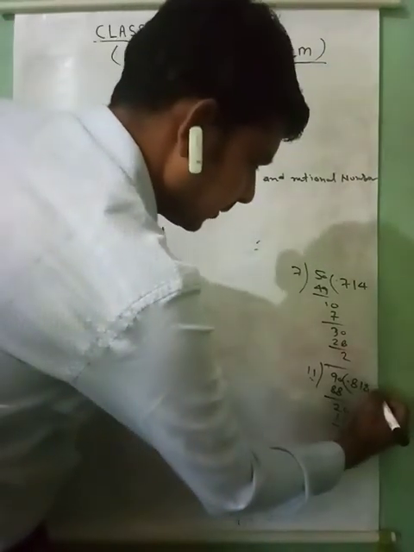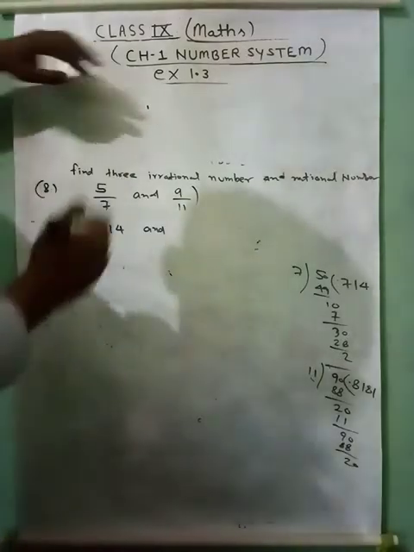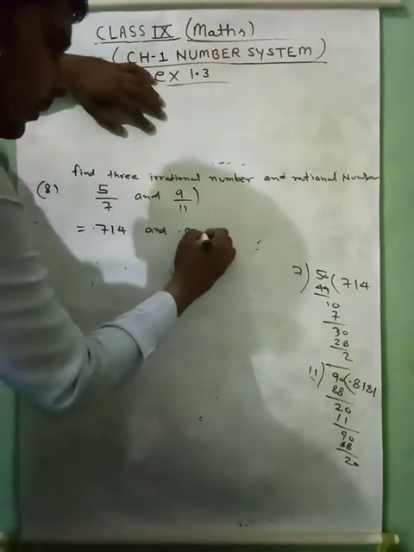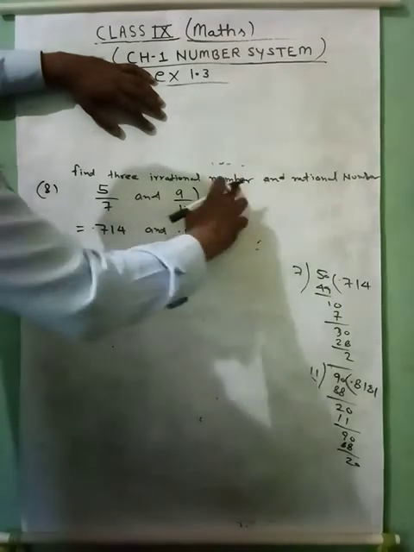Clear? It's repeating 0.8181. Find 3 irrational numbers and rational numbers. We have to find both.